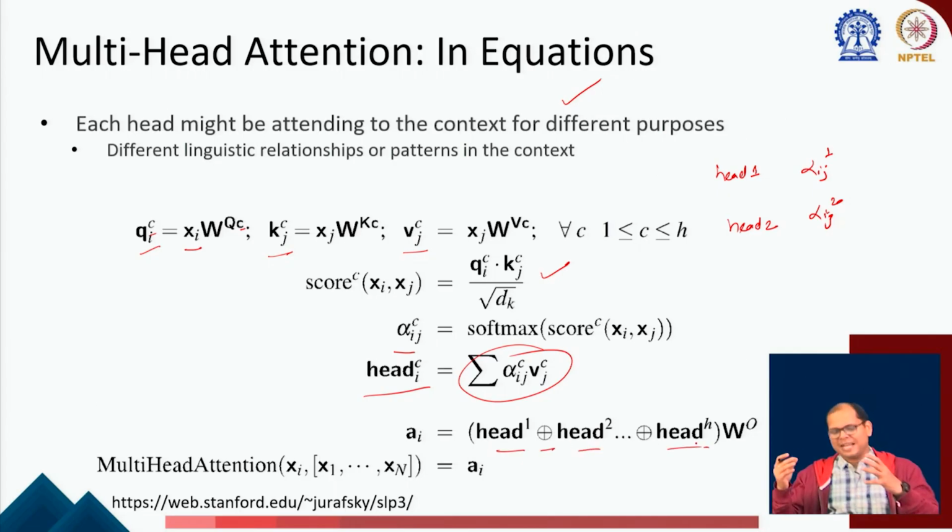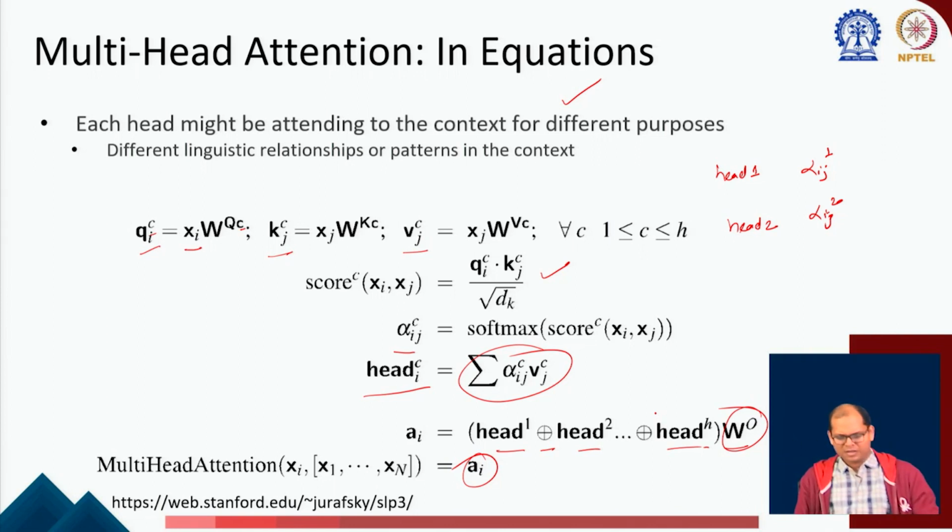You concatenate these h heads together, and then you multiply with the matrix W out, so that you have an all-pair interaction between the heads, and you get the final output. So this is how we use multi-head attention. Rather than doing this operation once, you are doing it multiple times using multiple matrices, and then applying another projection matrix to get the final attention output.